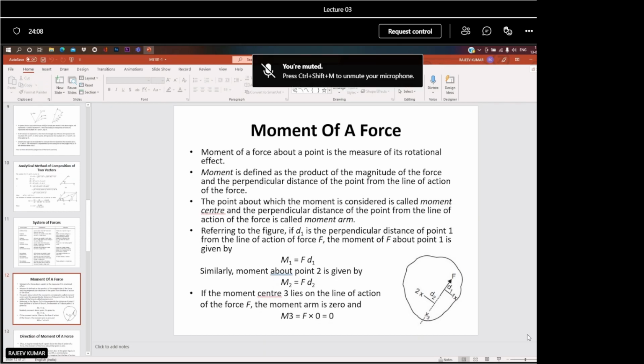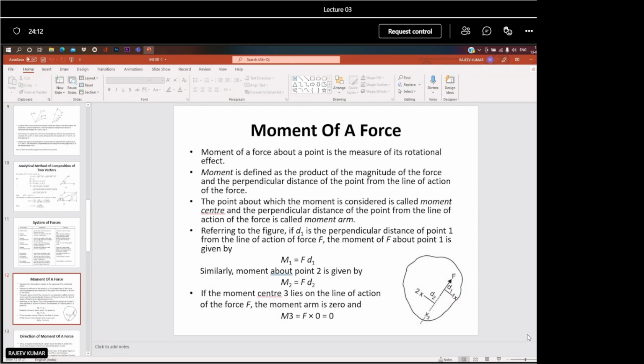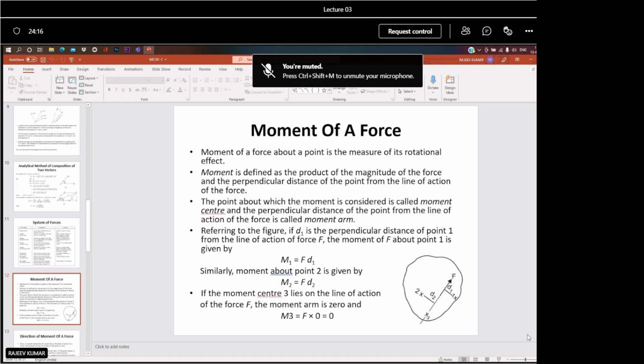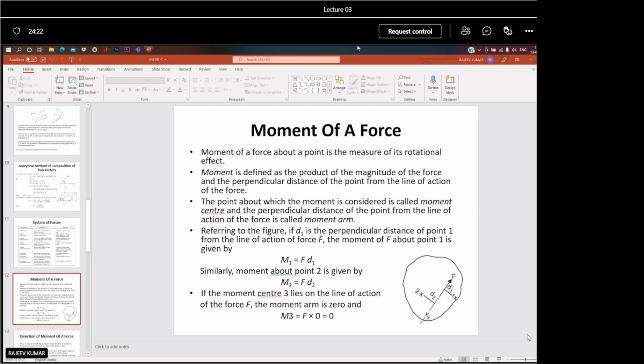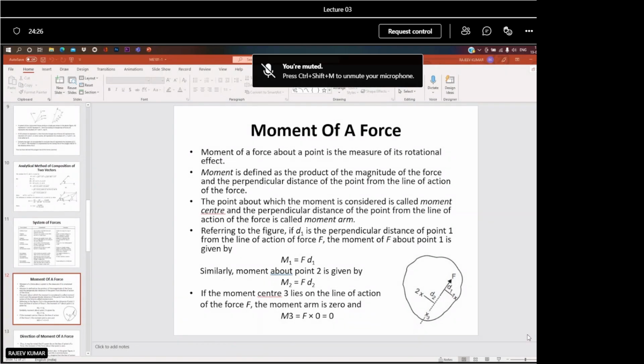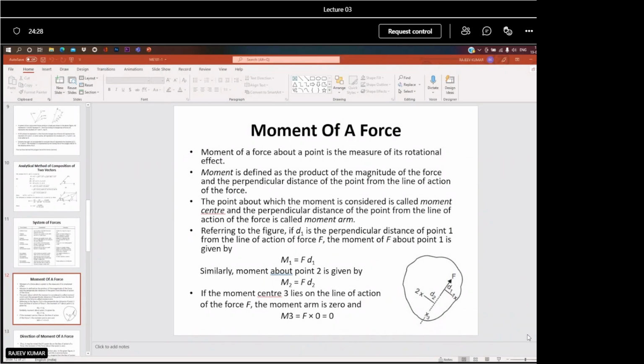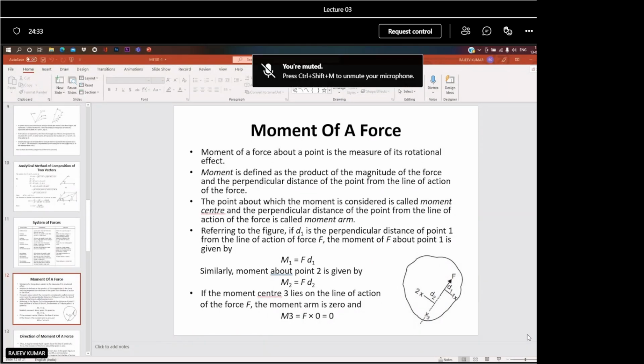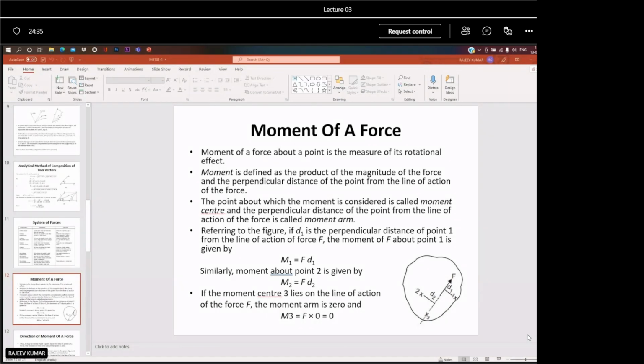When all the forces are in a single plane and the line of action of all the forces is not passing through a single point, suppose 5 forces are there. 4 forces are passing through a single point, and the 5th force is passing through a different point.